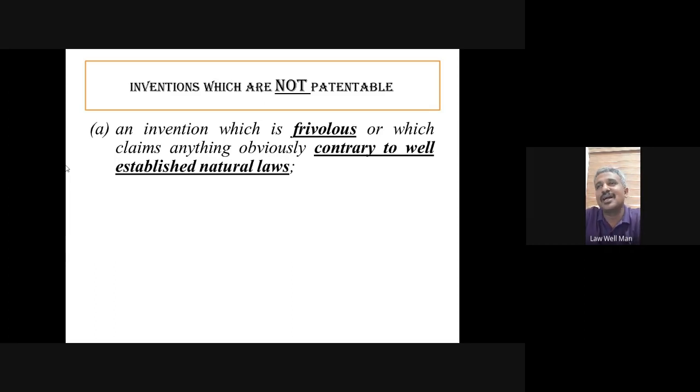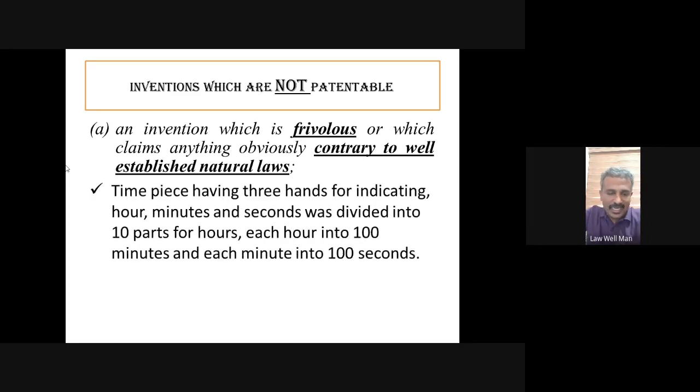If the invention ultimately is a frivolous invention and is contrary to the well-established natural laws, then that cannot be patented. Let me give an example. A timepiece. This is something which was brought to the patent office, Bombay Regional Patent Office, in the 1970s. The example which you have on the screen.